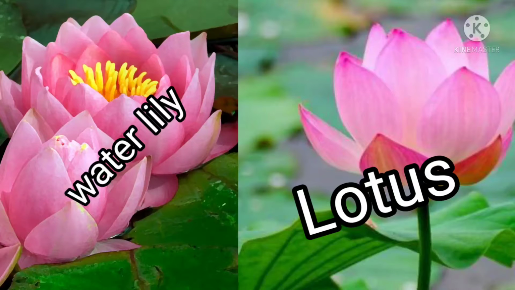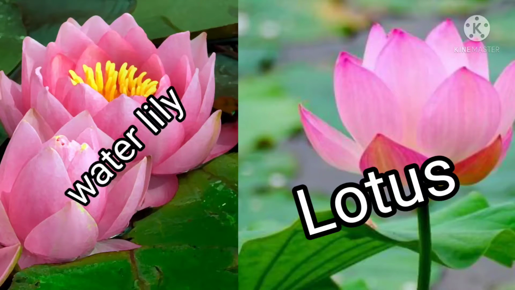These plants have flat and broad leaves that help them to float on the water surface. Second, leaves have waxy coatings that prevent them from rotting or decay.